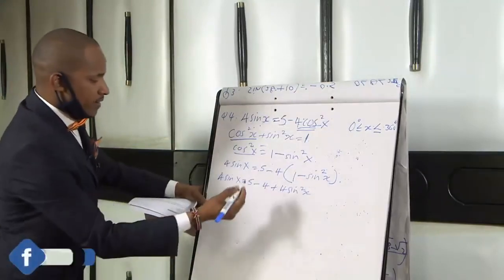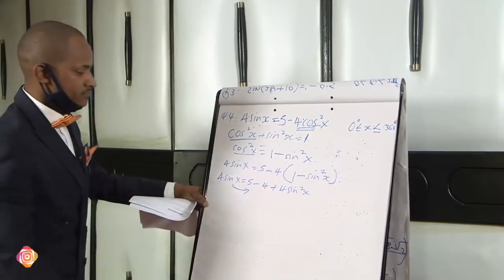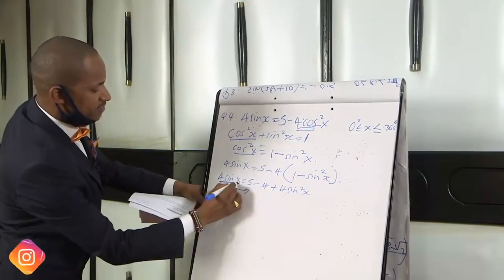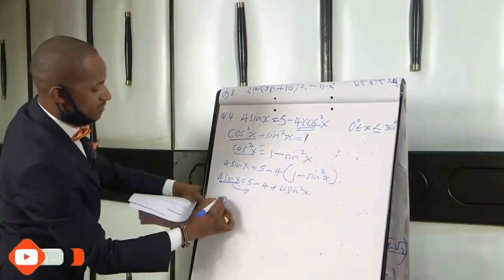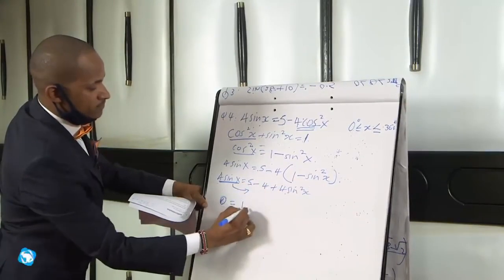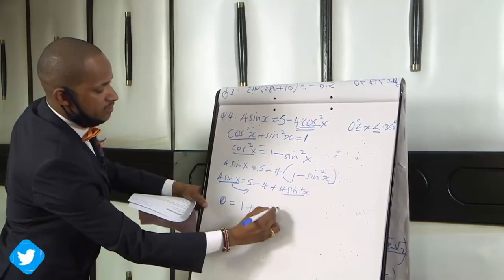Then from here we can collect the like terms together. If 4 sine x crosses the other side, it becomes 0 equals 5 minus 4 is 1, plus 4 sine squared x.